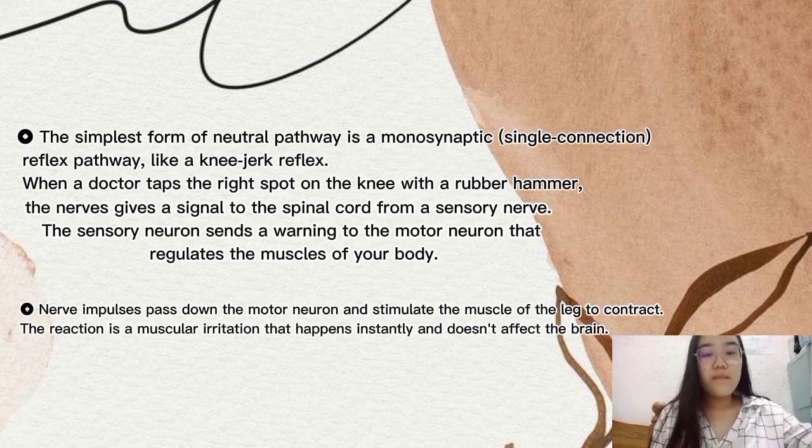The reaction is a muscular irritation that happens instantly and doesn't affect the brain. Humans have a lot of hardwired reflexes like this, but as tasks become more difficult, the pathway circuitry becomes more complicated and the brain gets involved.